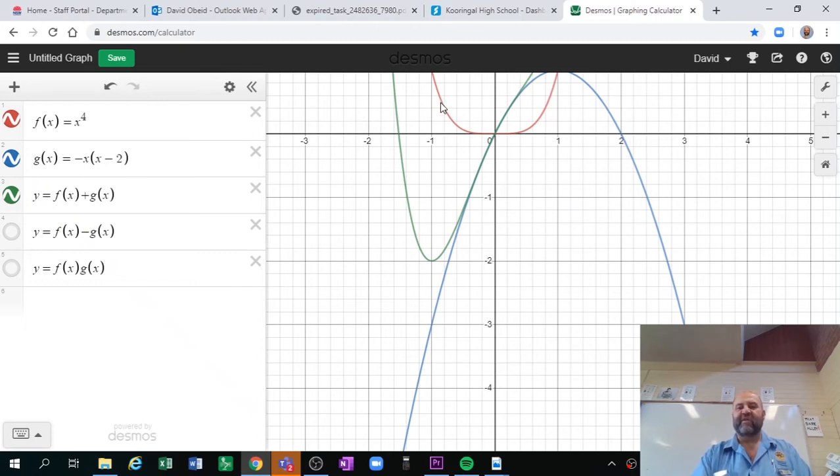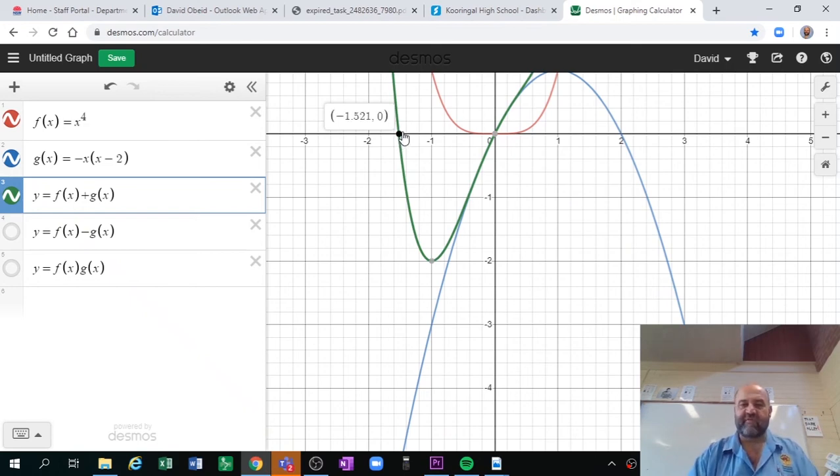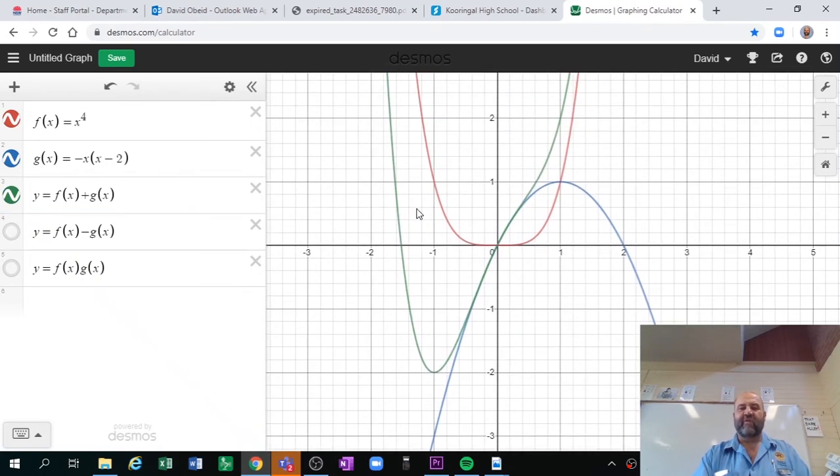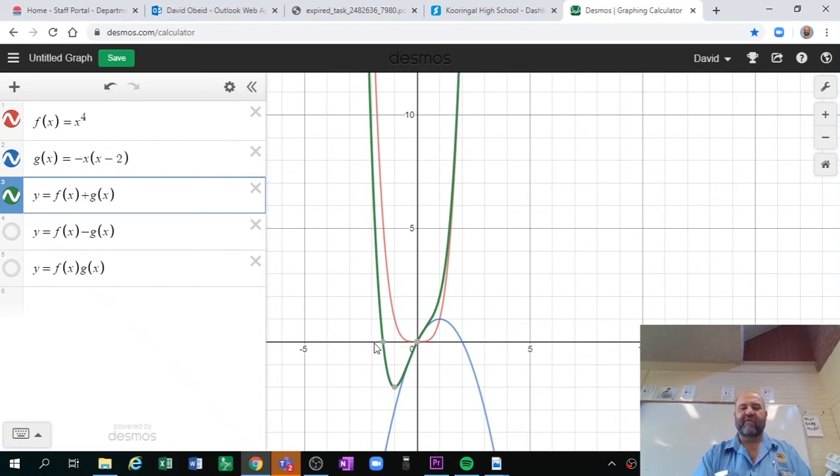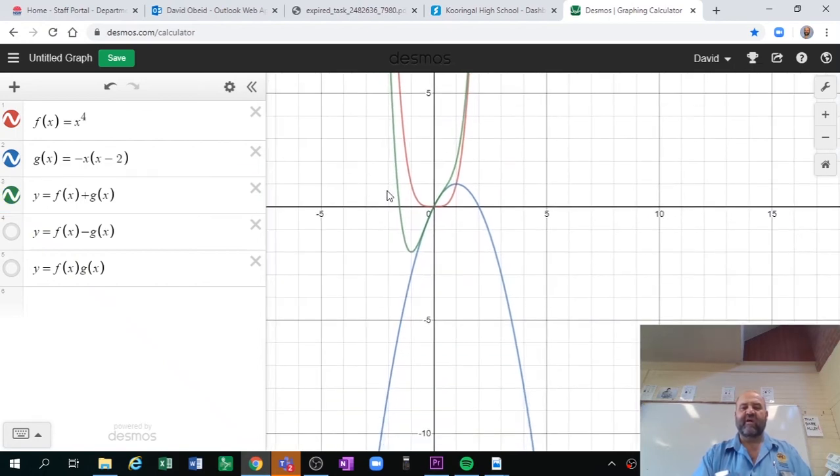Then because the red curve starts to grow much, much faster than the blue curve decreases, our curve turns around. We're going to end up at 0, which Desmos tells me is at -1.521. That's the point where the absolute value of the y value on our red curve is the same as the y value on our blue curve. They add and cancel out at 0.